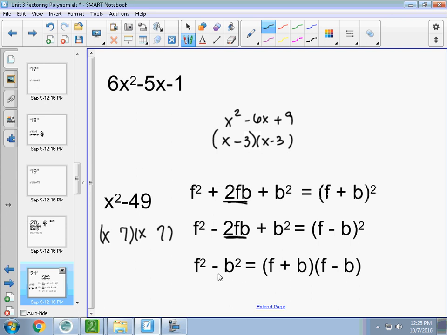The difference of perfect squares has the pattern where one of the factors is a plus, one of the factors is a minus, and that is our answer. If I were to go through and distribute or FOIL this, then my x times x gives me the x squared, my outside and inside added together would give me 0, and 7 times negative 7 would give me negative 49.